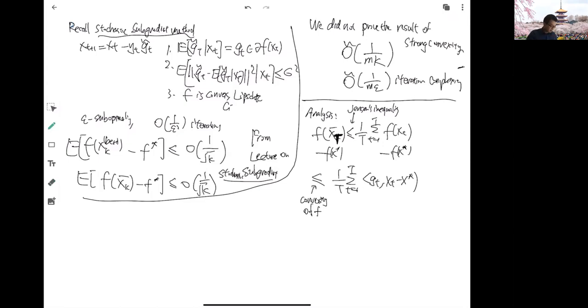Okay, and now let's make use of the stochastic approximation assumption that this g tilde_t has mean g_t. So let's replace that.